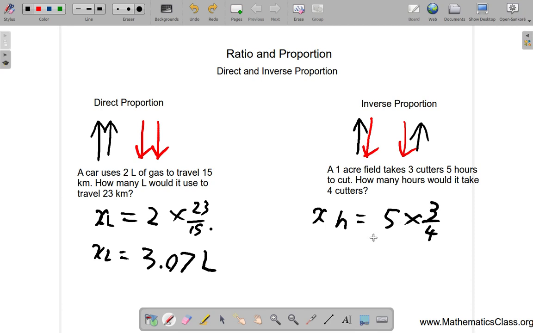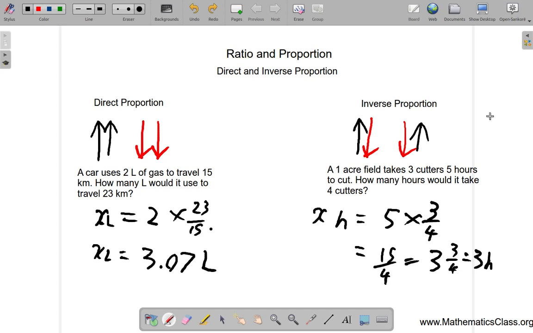Alright? So the 5 hours, I'm doing the calculation, 5 3s are 15 over 4. 15 over 4 is what? 4 3s are 12, 13, 14, 15, and 3/4. 3 and 3/4 hours, which would be what? 3 hours.